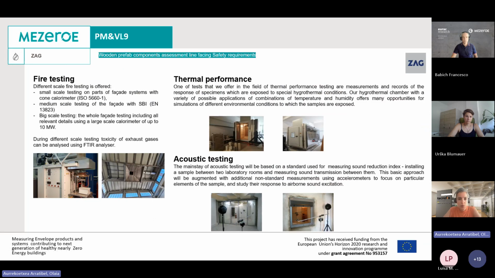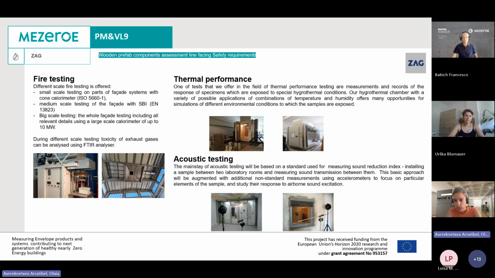Last but not least, we have SAG in Slovenia, where they characterize wooden prefabricated components through different testing activities facing safety requirements. So they offer fire tests, not just standard tests, but also innovative ones, thanks to the large scale calorimeter that they have that can measure up to 10 megawatts.